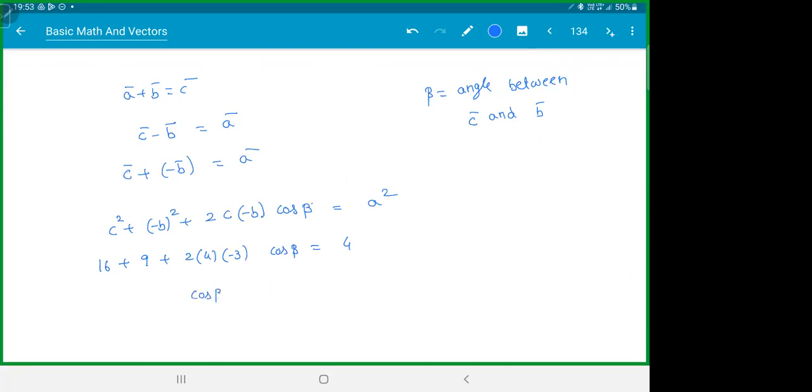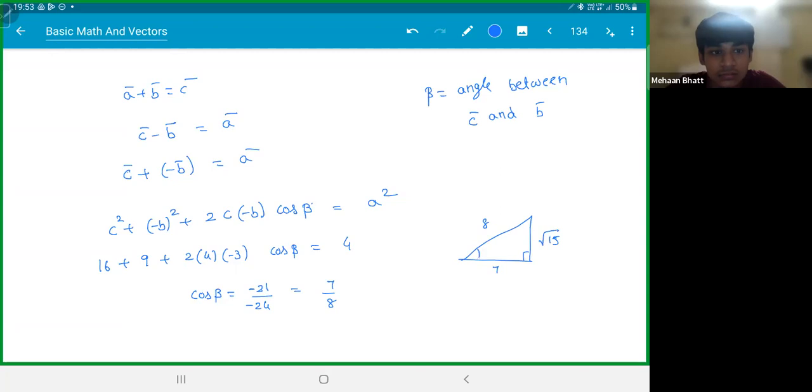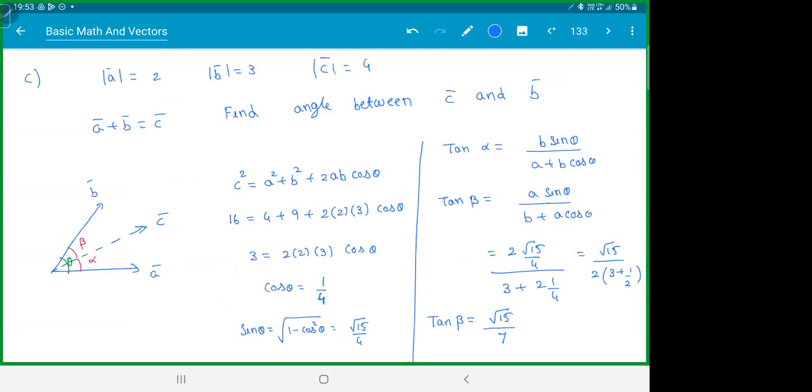So cos beta will be minus 21 by 4 into 3, 24. 7 by 8. So this is 7 and this is 8. How much is this? Root 64 minus 49. Root 15. Same answer, right? Tan beta root 15 by 7 or this thing.